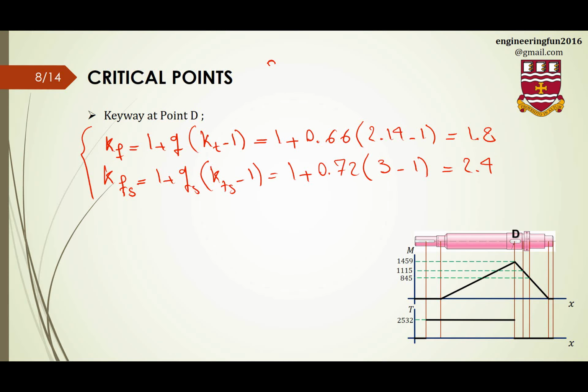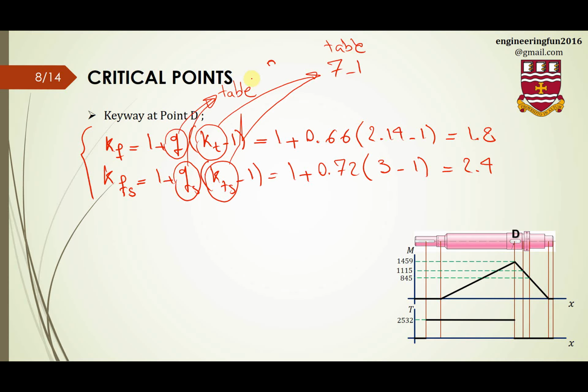We read these two from table 7.1, and these are from the table in chapter 6 for notch sensitivity.